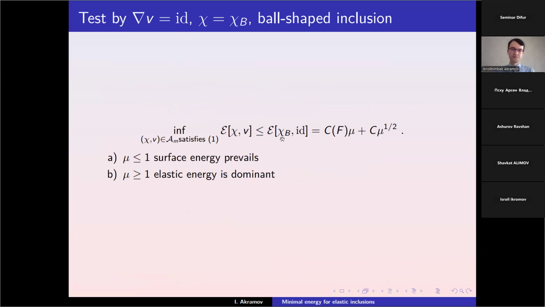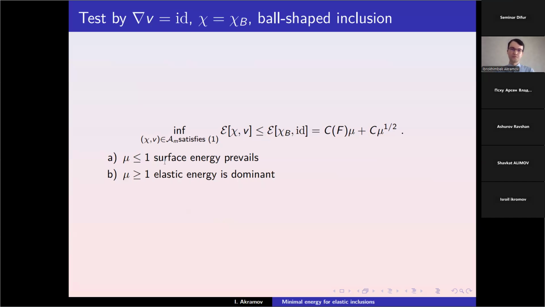Then if we plug these two values into our integral, for the elastic energy we get C_F, some constant which depends on F, times mu, while for the interfacial energy, the perimeter of this ball will be some constant times mu^(1/2).